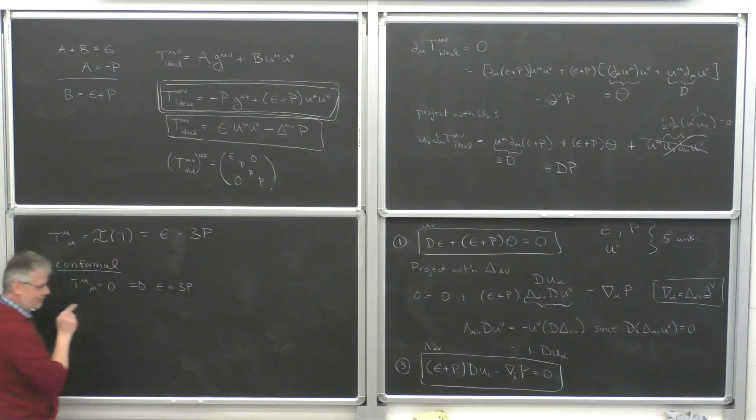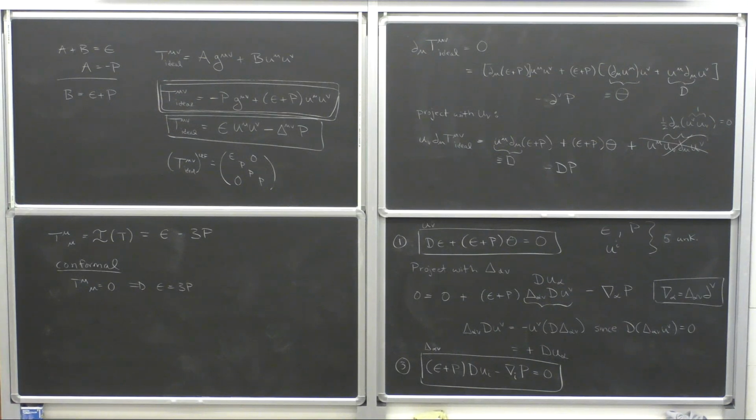Now, this statement is independent of thermodynamics, actually. It would happen even out of equilibrium. Any conformal system has to have E equal to 3P. So that's a general statement.